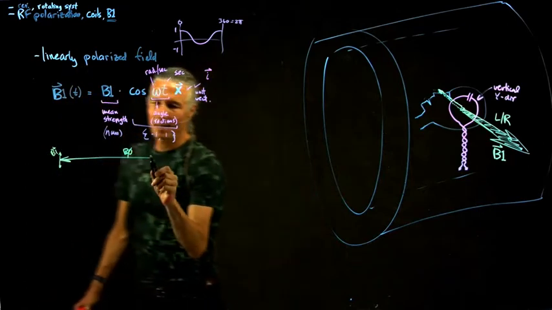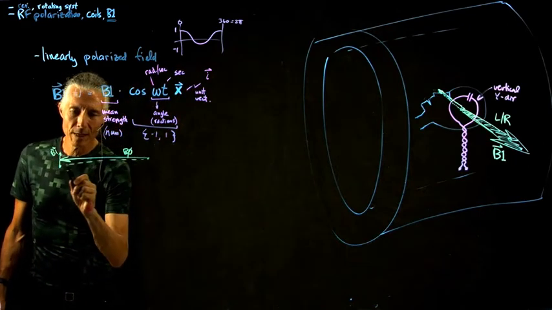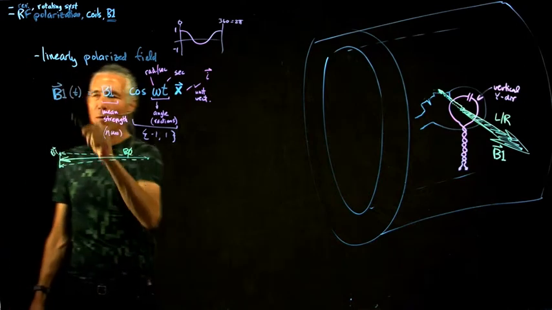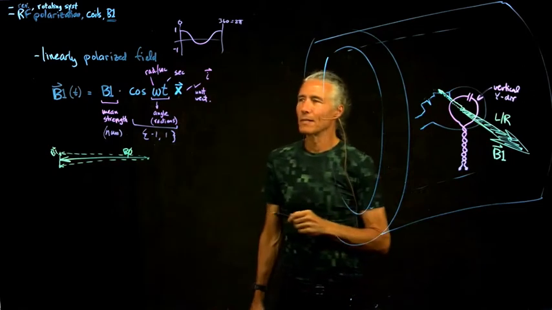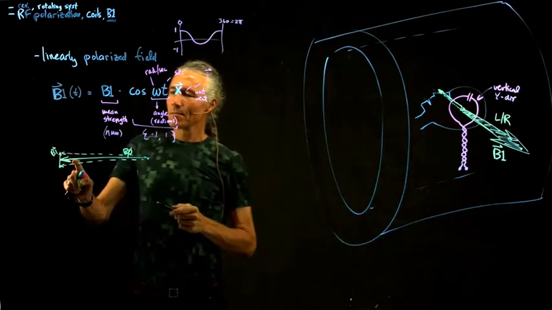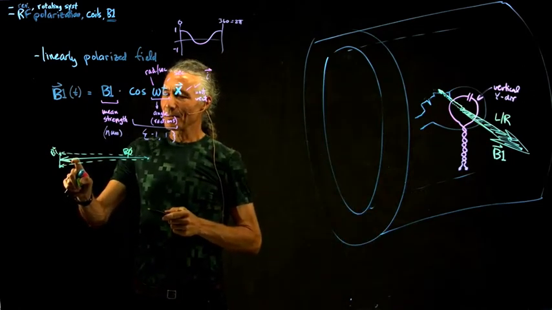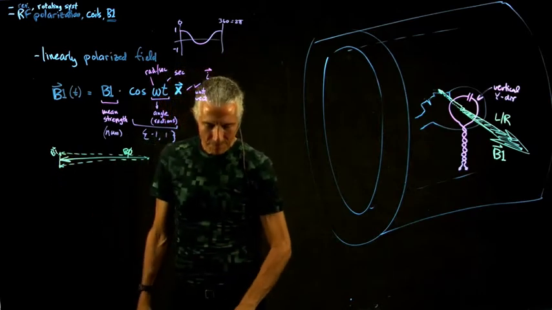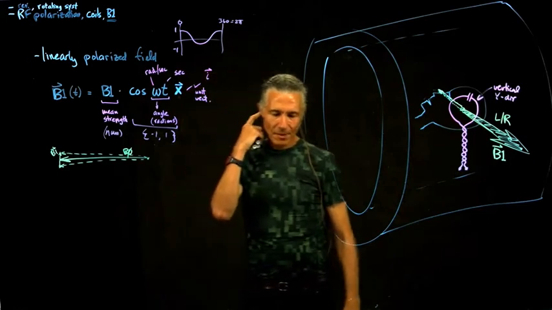So basically the B0 vector is just wiggling back and forth, and this is the B1 part of it. We've sort of gotten rid of the B0, and we're just considering the B1 part. So that's what's actually happening.